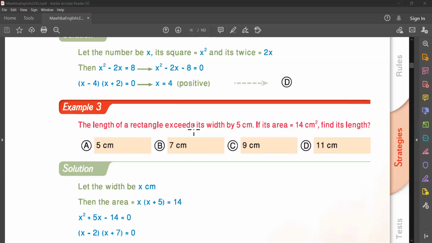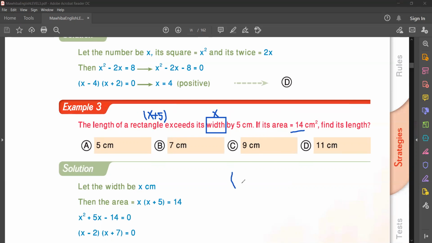We substitute the small one, the width, as x. We write here x. Then the length exceeds its width, so it is x plus 5, because the length is longer than the width. Between them it is 5. So the area is 14.